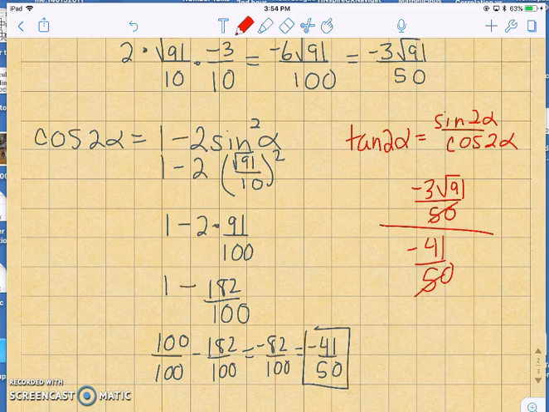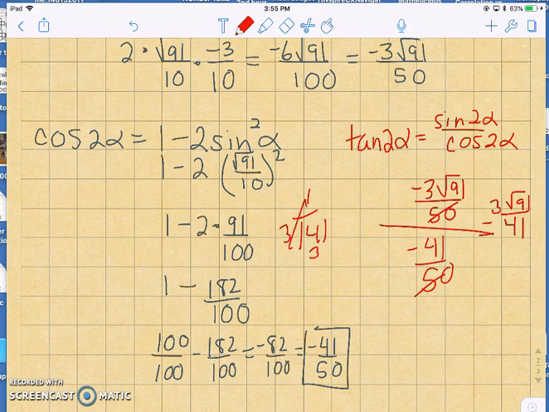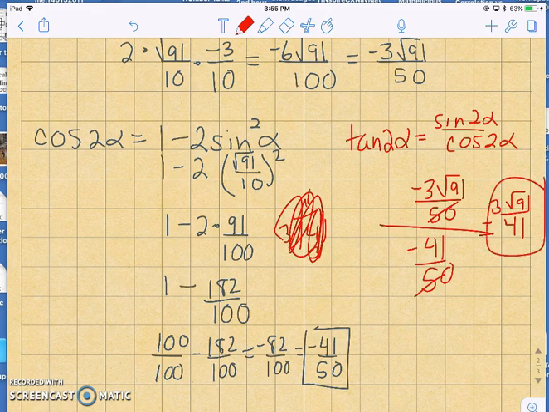So the 50s cancel, and we have a negative, so 3 the square root of 91 over 41. I think they're both divisible by 3. Isn't 41 divisible by 3? No, it's not. So we could just leave it just like that.